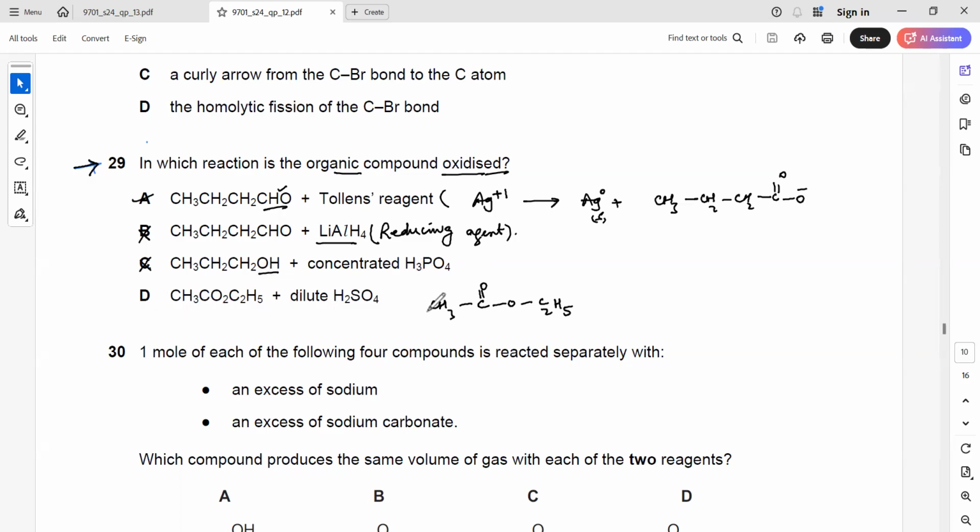In this case, we have seen it's an ester reacting with dilute sulfuric acid. So it will give us hydrolysis and it will give us carboxylic acid, right? And an alcohol, right? So in option A, the organic compound is oxidized.